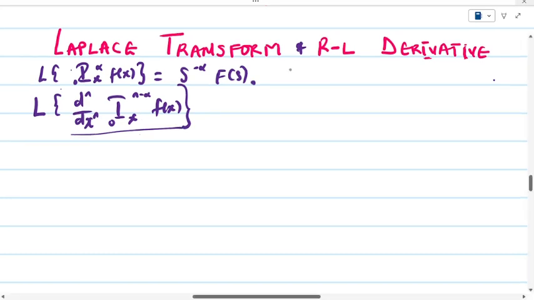But before then, let's quickly remind ourselves of one of the properties of the Laplace transformation, which has to do with the derivative.